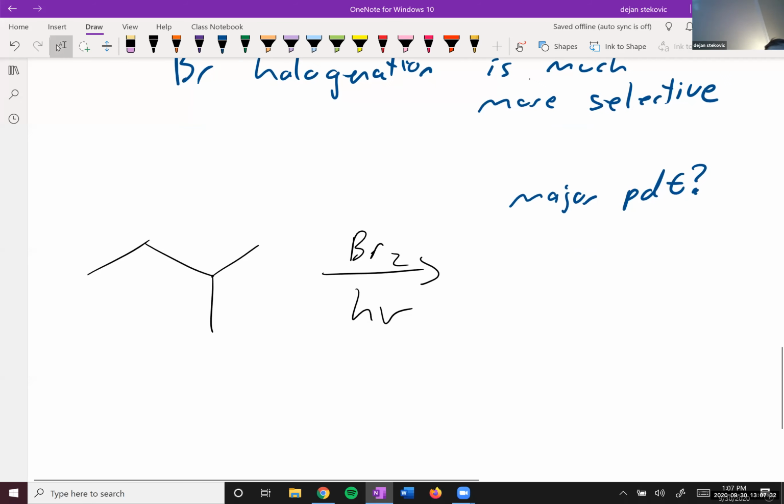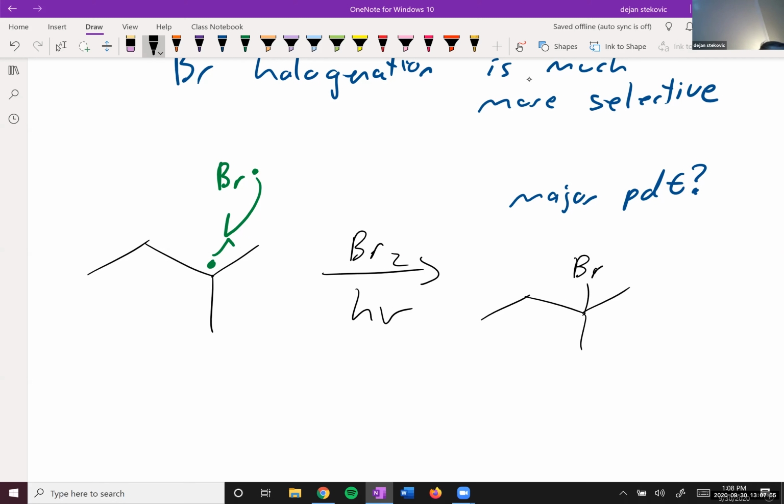And so if we think about this going on, right, remember the first thing we're going to do is form a bromine radical. This one's going to react with the most stable radical. And so if you think about where we're going to form our most stable radical, it's going to be this tertiary radical. And so they'll combine, and our major product will be our bromine right over here.